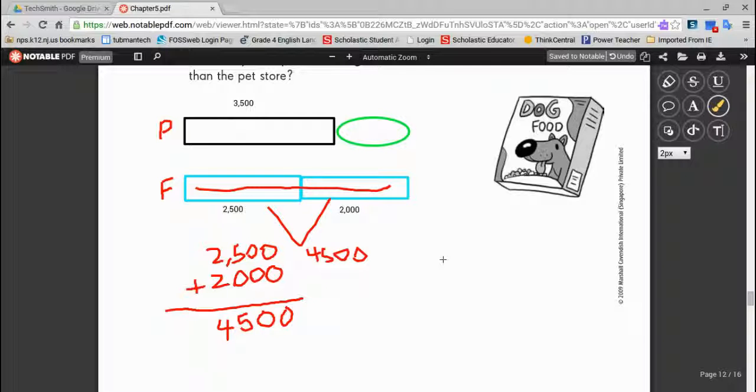And for me to find the difference, I need to subtract. So when I find the difference, I want to subtract. So I'm going to subtract my farm, which is 4,500. And I'm going to subtract that by the pet store, which is 3,500.